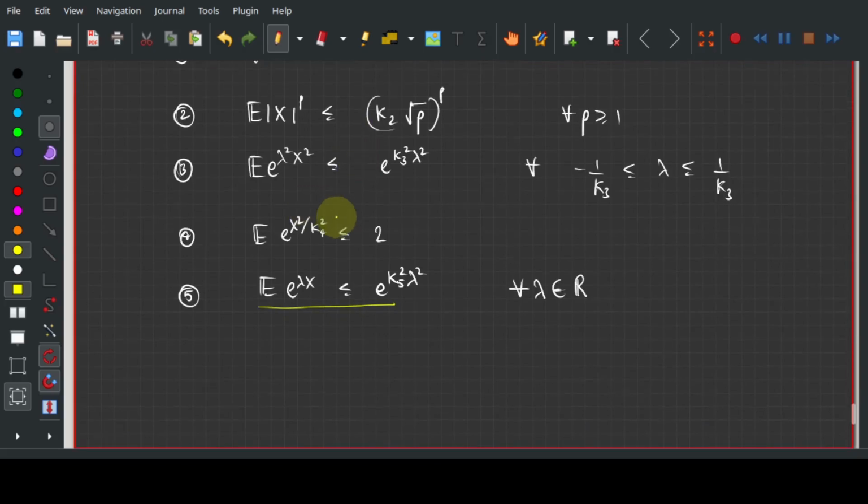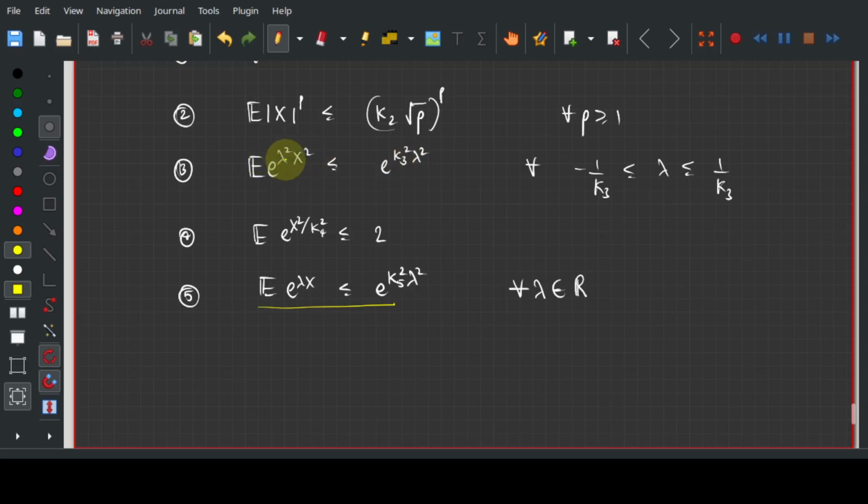All right, but perhaps the not so obvious statement is that it's not just the bound. We know that if the MGF is bounded from above by e to the constant times lambda square, then it is Subgaussian. But you can also make a statement about the random variable x square. If a random variable is Subgaussian, then x square also turns out to be almost Subgaussian, right?